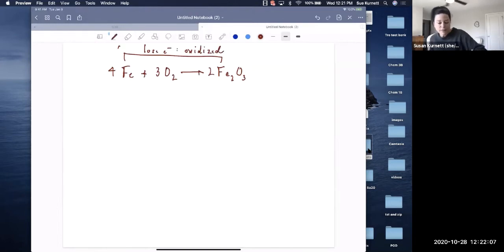It went from 0 to +3 by getting rid of something negative. It gave the electrons to something else. Iron gave its electrons to oxygen.